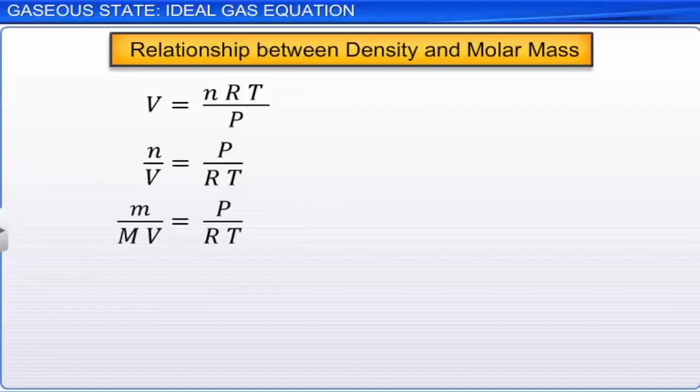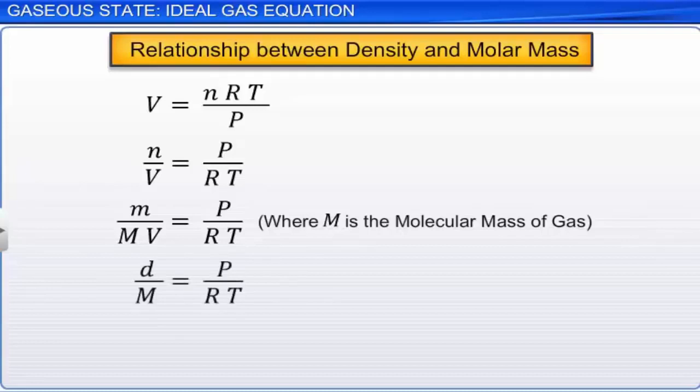Thus, we can rewrite the equation as d divided by M is equal to P divided by R into T. On rearranging the equation, we get the relationship to calculate the molar mass of gas as M is equal to d into R into T divided by P.